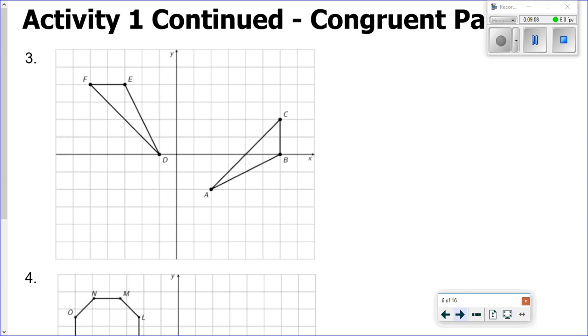In problem 3, hopefully you realize that these 2 images are congruent. Again, there's many ways to prove congruency here.